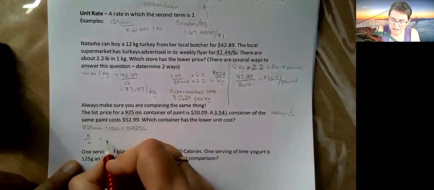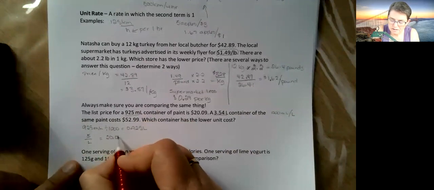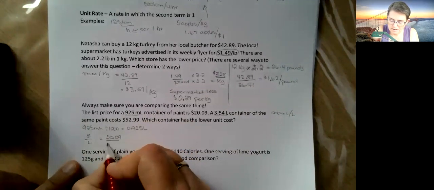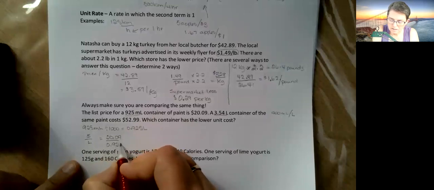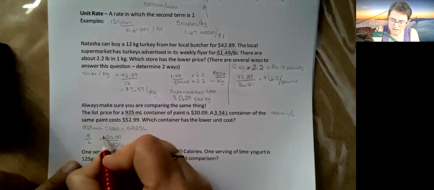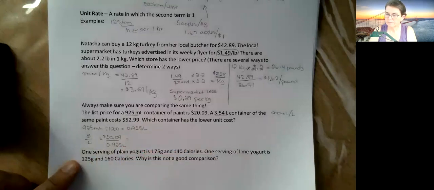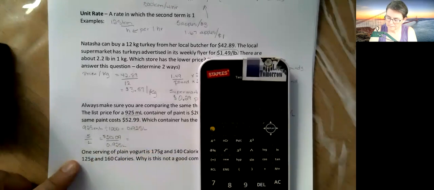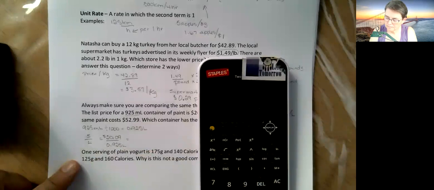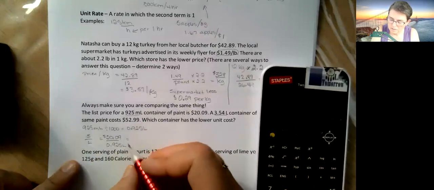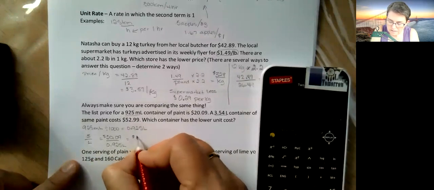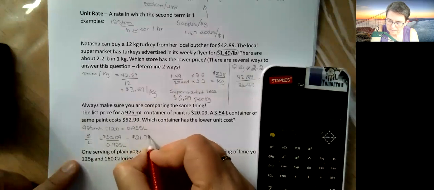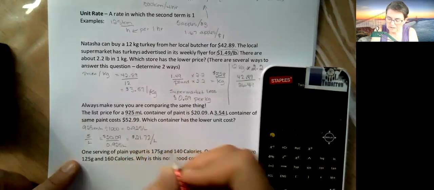So I got 20.09 divided by 0.925 liters. All right, 21.72 a liter.